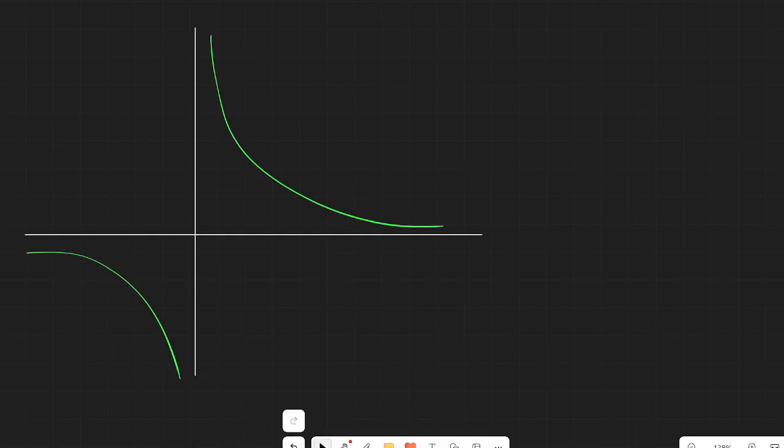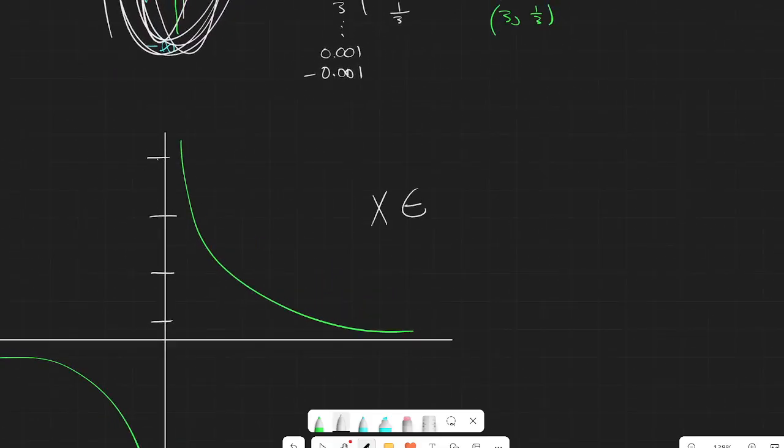So if we redraw this graph real quick, now we're concerned with, all right, what y values can be created from x being within negative infinity to 0 union 0 to positive infinity.